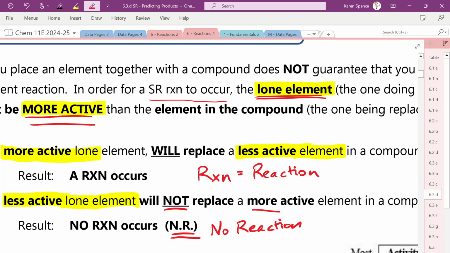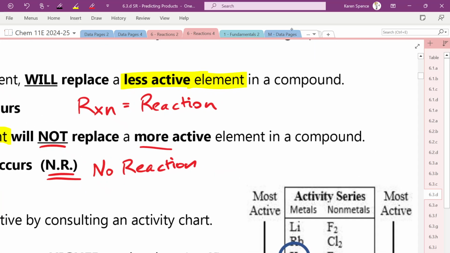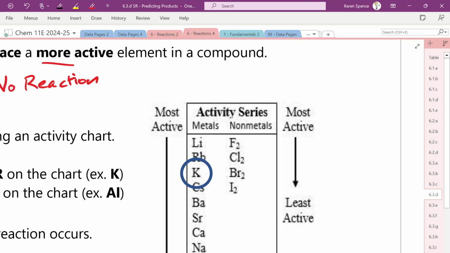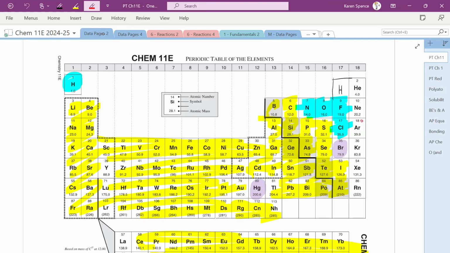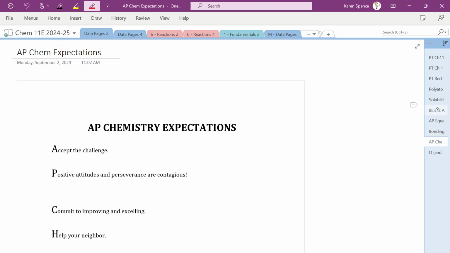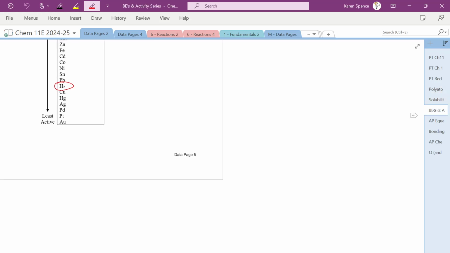Okay? So let's take a look at our activity series. The activity series will be available to you in this section, but when you get to where you have all the different types mixed up, it is also available in your data pages on page 5.